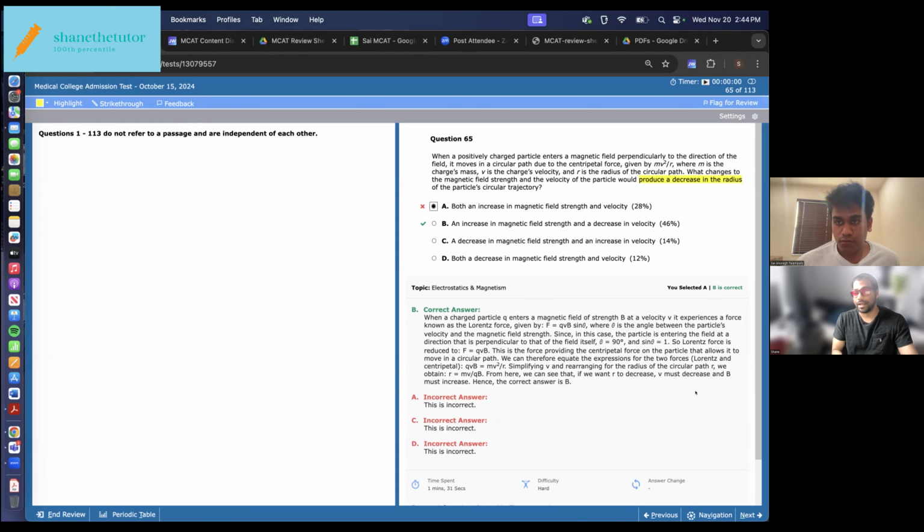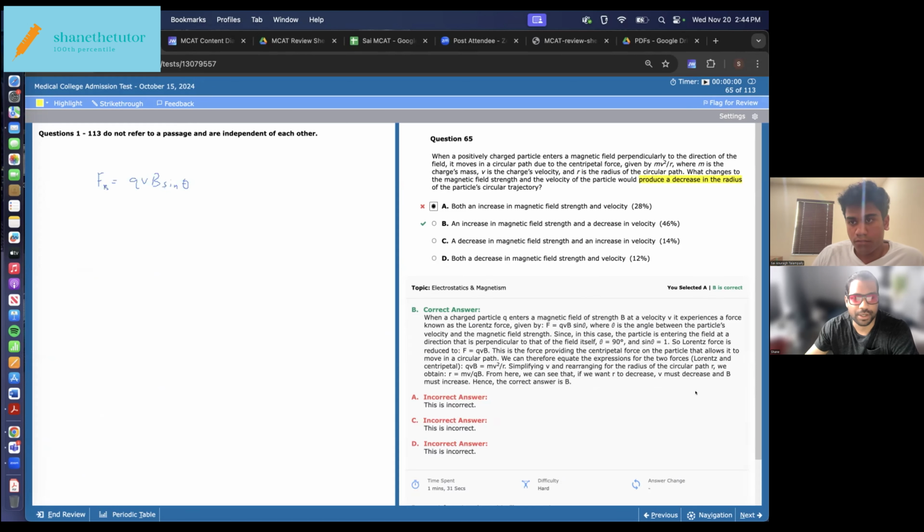And also the point of the sine term. For magnetic force, it's qvB sine theta. The sine just means, like torque, that you want it to be 90 degrees.